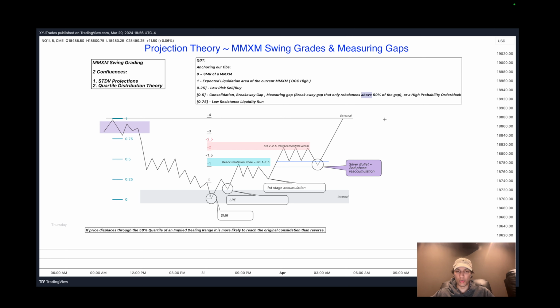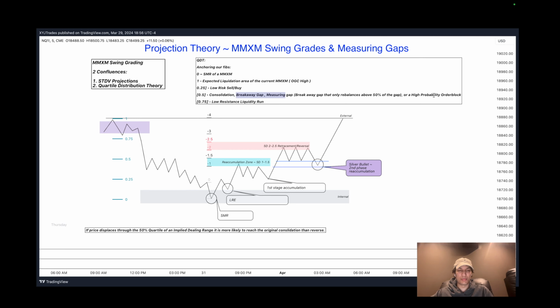If it goes down lower, then we wouldn't call it a breakaway or a measuring gap. In fact, I would actually call a measuring gap, a gap that's rebalanced shallowly, and a breakaway gap, a gap that isn't engaged whatsoever, meaning that the gap itself is never touched. So both of these concepts can be applied inside of this 0.25 to 0.5 area.